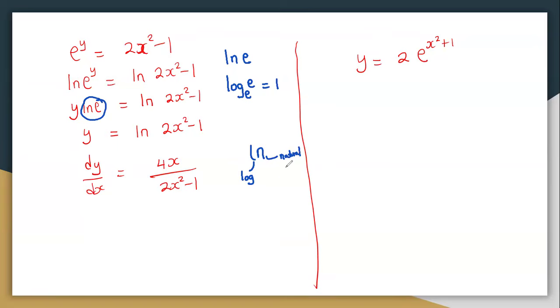That's why I use ln to show you that L means log and N means natural. Hope now, Gilbert, it is a bit okay. As long as you know that it is L and N.